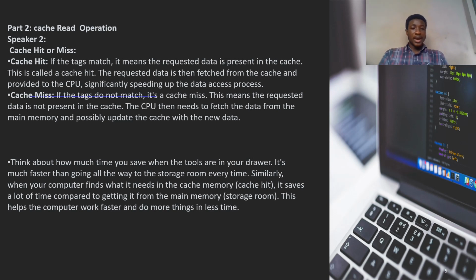During my explanation, I made mention of cache hits and cache misses, and I think I've already explained them. So I'm using the same recharge card example I used earlier. If you buy a recharge card and the number you enter from the recharge card matches what is in the ISP system, then you get the reward.